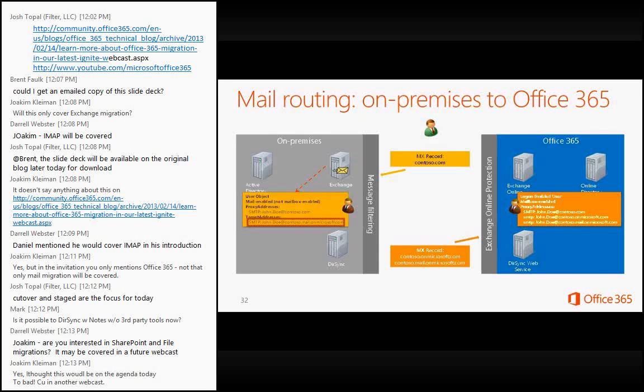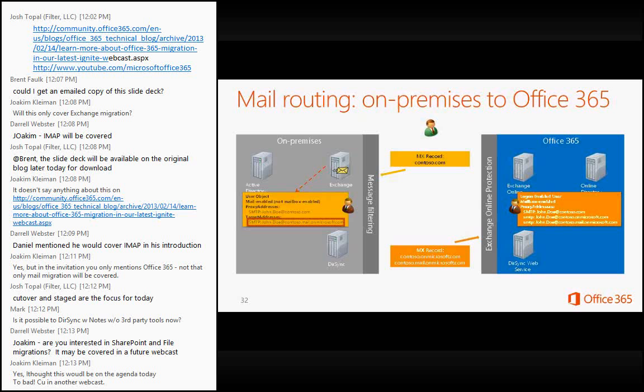It would then hit that object and determine that there's a target address that's been stamped onto that object as part of the staged migration, and that target address is an internal routing domain of, in this instance, john.doe at tenant name.mail.onmicrosoft.com.